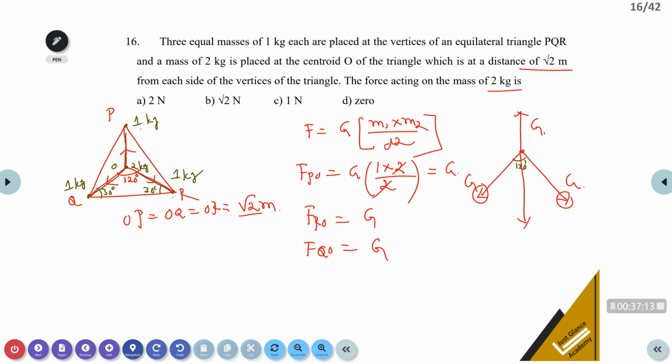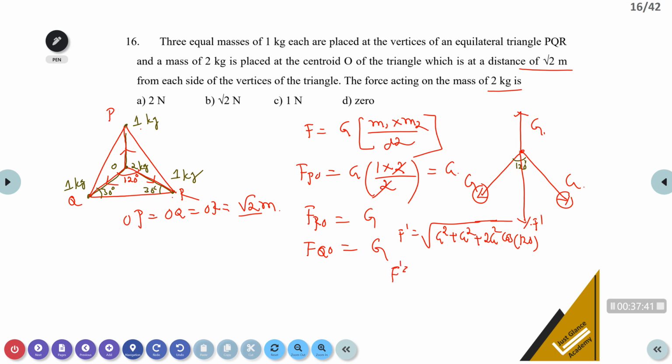The resultant will be like this. What is this resultant? F dash, I will call it F dash, equals square root of, you know that, P square plus Q square plus 2PQ cos theta. That is G square plus G square plus 2 into G square into cos of 120 degrees. What is cos of 120? Minus 1 by 2.